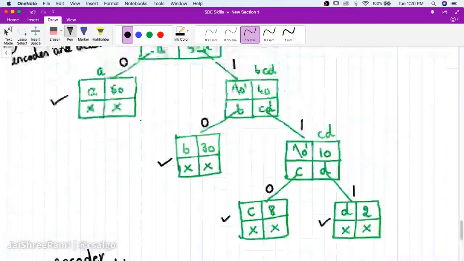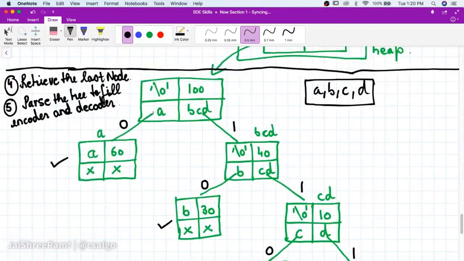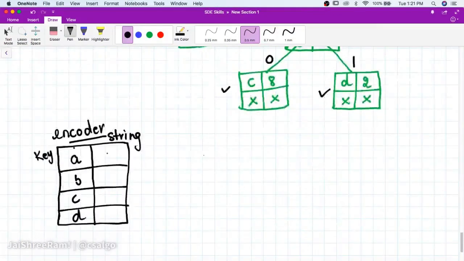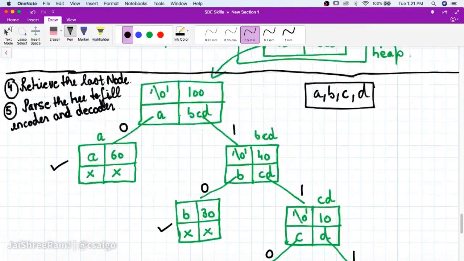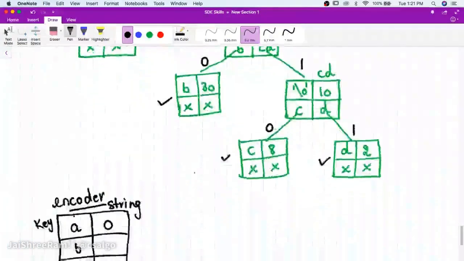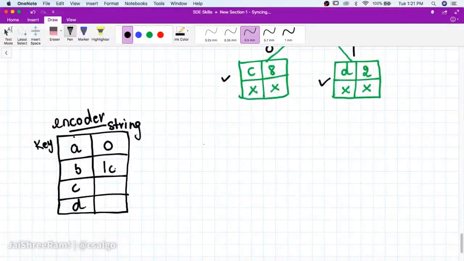For A, we will have the string 0 as its encoded value, because we just moved towards left and encountered A. For B, we need to reach B, so we moved towards 1 and then 0, so it is just 1 0.